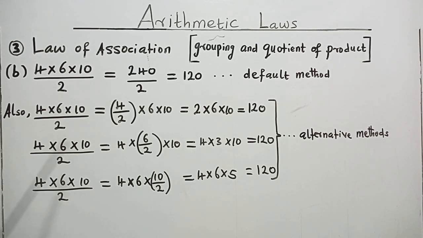Which means that 2 can choose any one of the numbers in the product to divide and then multiply the quotient by the remaining numbers. That is what played out here. So all these 3 are the alternative methods of finding the answer to this same number operation. This first is the default method, while these 3 are the alternative methods.